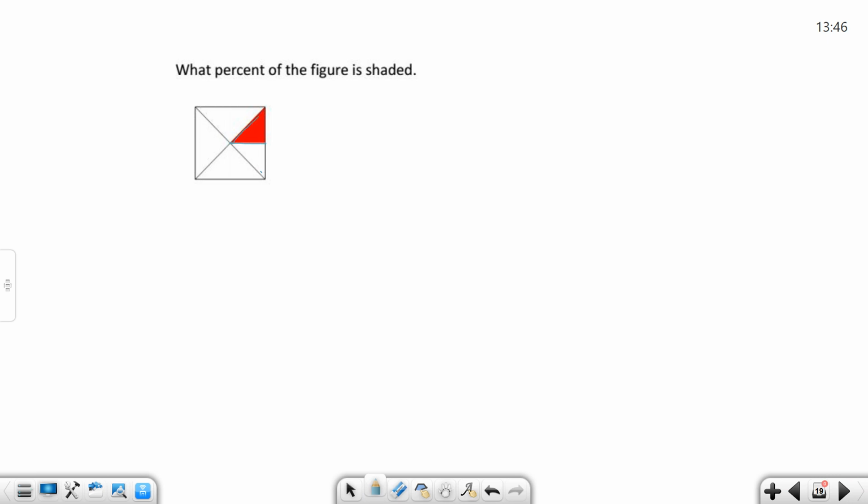This piece right here is half of a 1/4. Well, half of a 1/4 is 1/8. So you could do it that way and say it's 1/8 because it's half of a 1/4. But you could also do it this way. You'll see that this is half, and so you could break all those 1/4s into halves.